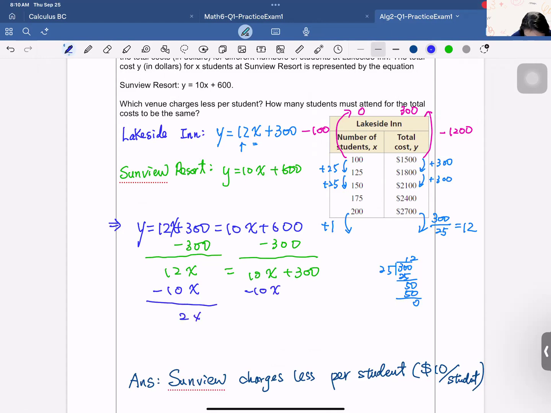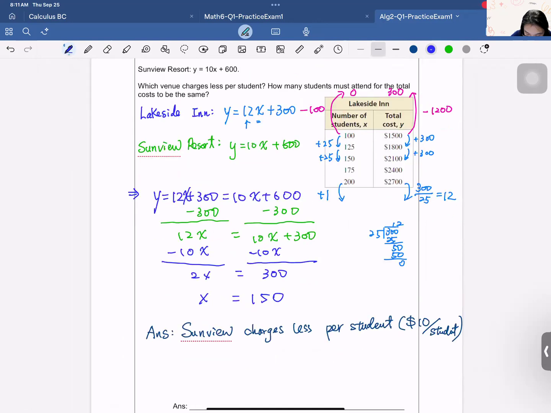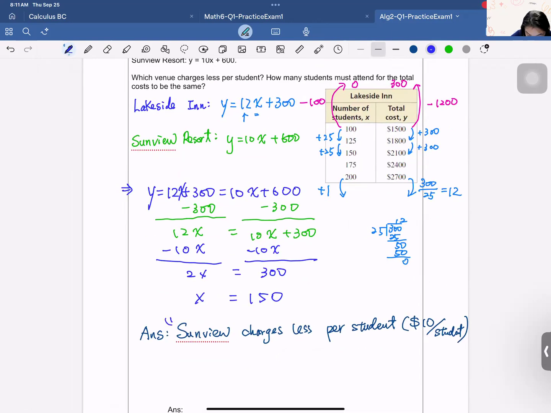Then I have 2x equals 300. Then x equals 150. So this is question 1, this is question 2. For 150 students, both of the costs will be the same.